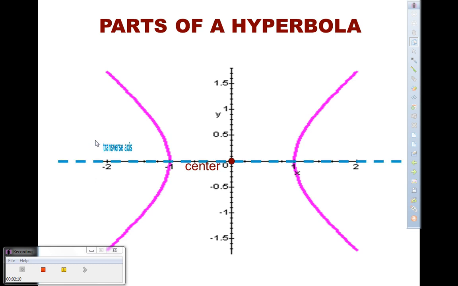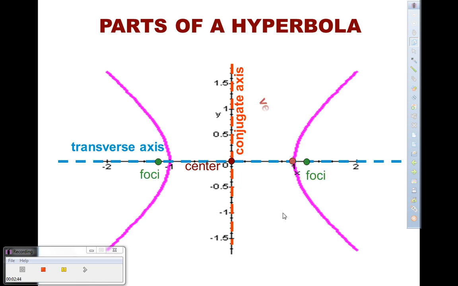And then we have the transverse axis, which basically splits the two branches in half, and that would be the axis of symmetry. And then we have the conjugate axis here. Now, since we're at the origin, they're on the x-axis and the y-axis. And then we have our focus here and our focus here, so we actually have two of them in this case.